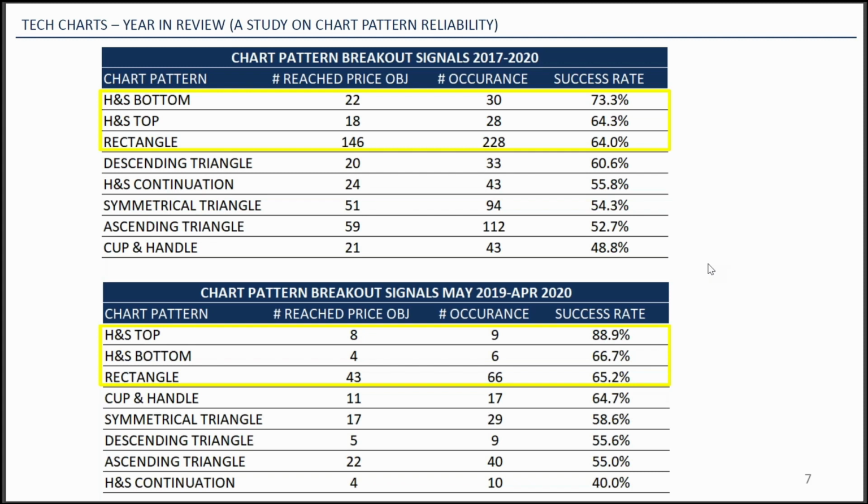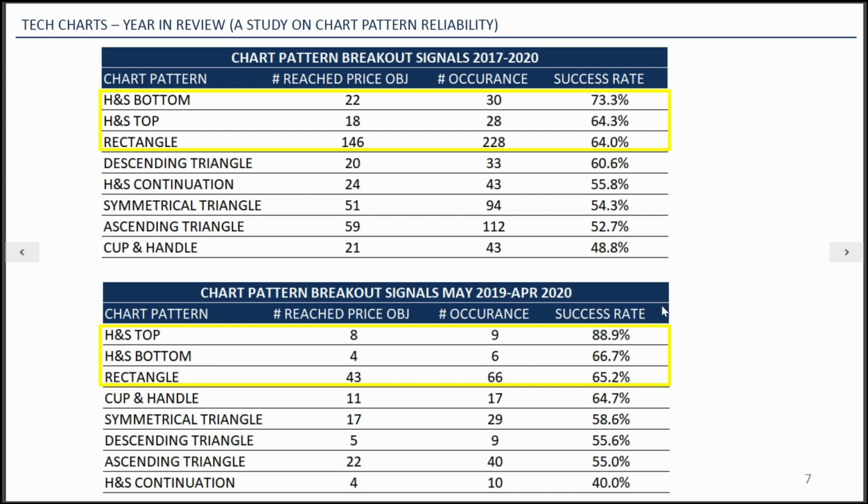But there are definitely more breakout alerts there than what I have identified. So the table at the top is from May 2017 till today, till mid-April. And the second table at the bottom is the chart pattern breakout signals over the past 1 year.